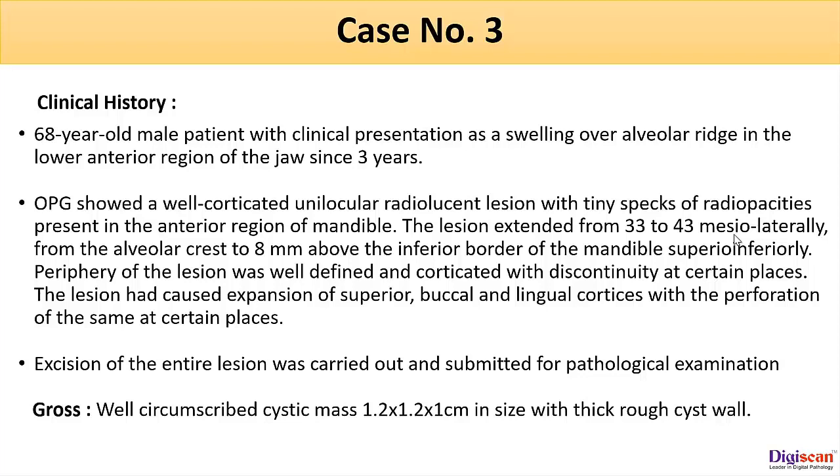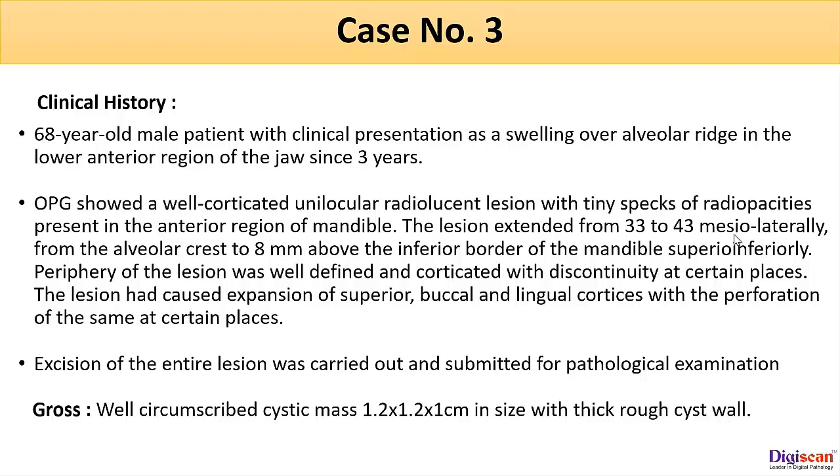The lesion extended from 33 to 43 mesiodistally, from the alveolar crest to 8 mm above the inferior border of mandible, superoinferiorly. Periphery of the lesion was well defined and corticated with discontinuity at certain places. The lesion had caused expansion of the superior buccal and lingual cortices with perforation of the same at certain places.